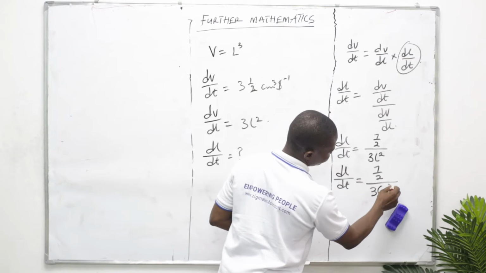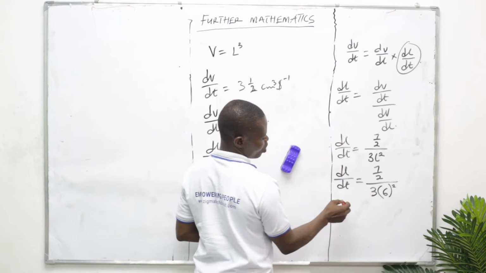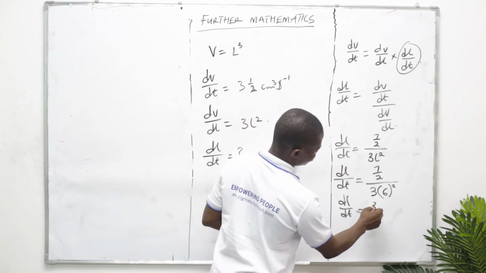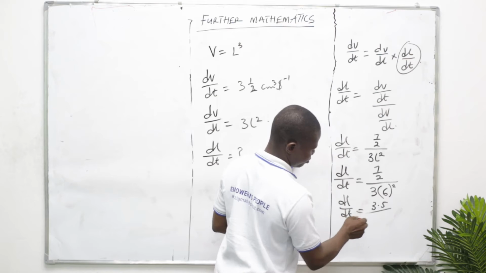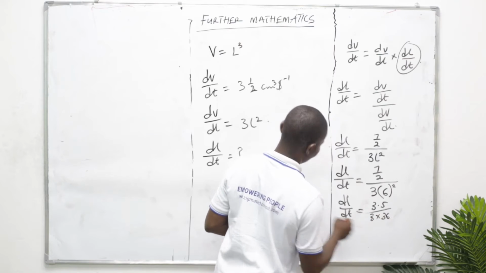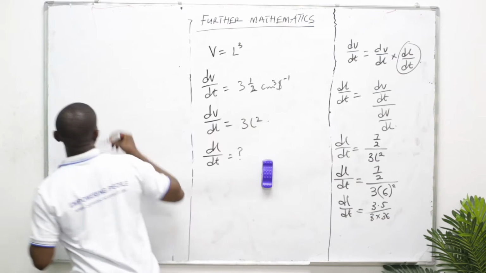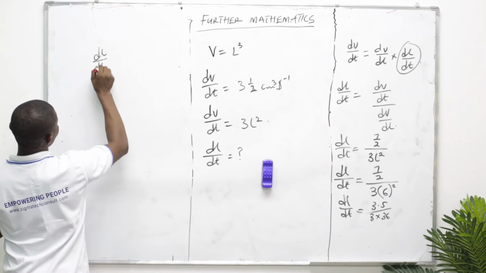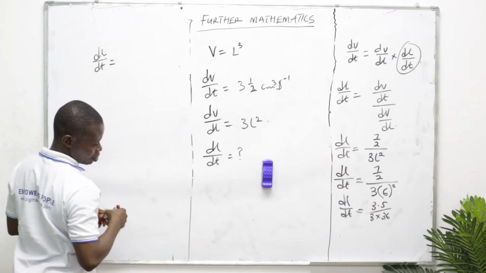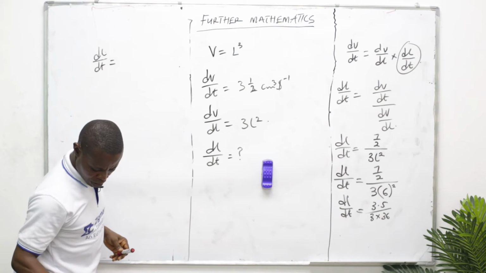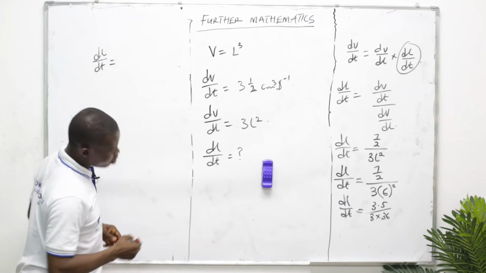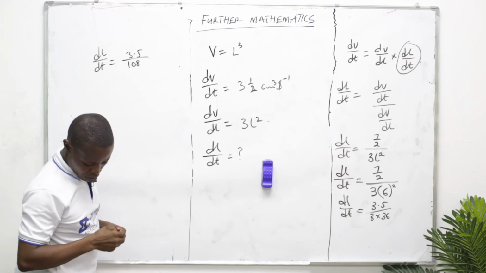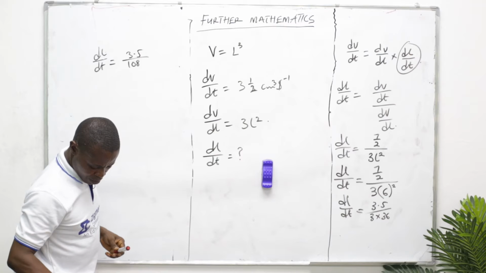What is L? 6. So 6 squared, meaning the dl dt equals 3.5 divided by 3 times 36. So the dl all over the dt equals 3.5 all over 3 times 36, 108. 3.5 divided by 108.